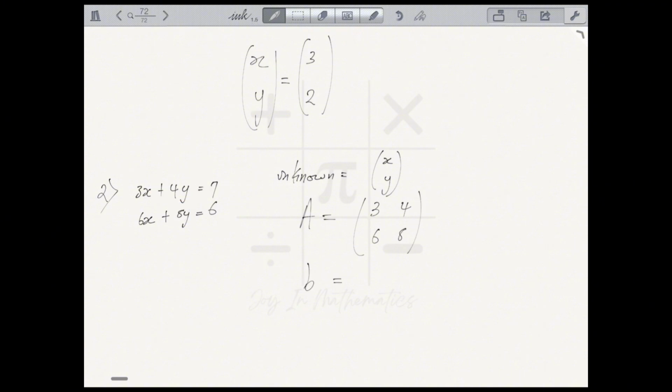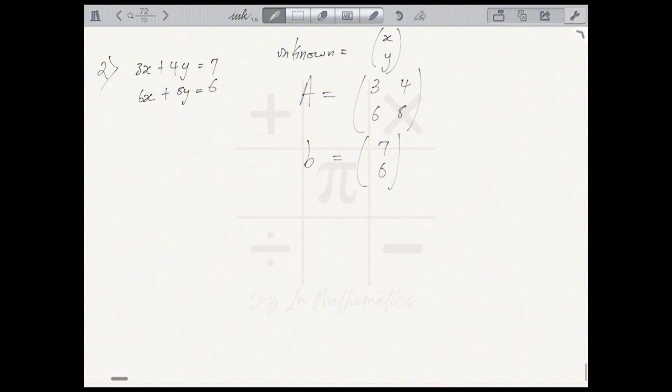The set of constants is simply 7, 6. So our unknown x, y will be the inverse of 3, 4, 6, and 8 multiplied by b, which is 7, 6.